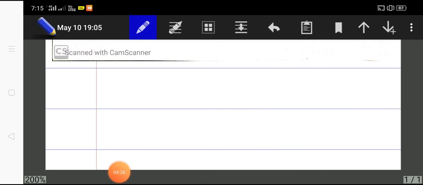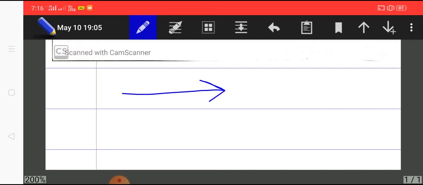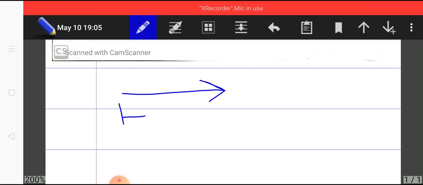So how do we represent a vector? A vector is generally represented by an arrow graphically, and the length of the arrow represents the magnitude. Suppose 20 unit is the length, then 20 unit can be centimeter or millimeter, and the arrow tip of the vector is showing the direction.